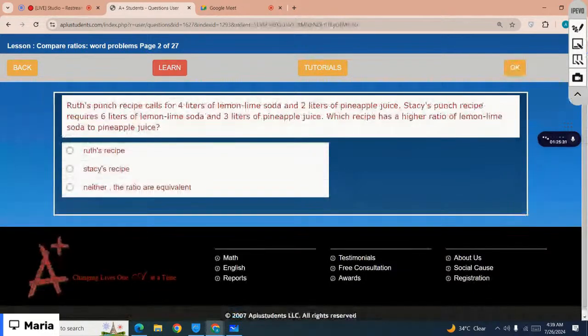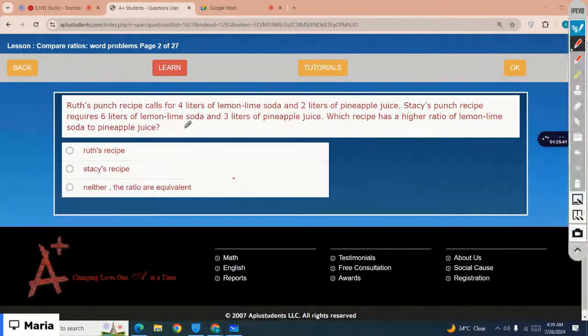Ruth's punch recipe calls for 4 liters of lemon lime soda and 2 liters of pineapple juice. Stacy's punch recipe requires 6 liters of lemon lime soda and 3 liters of pineapple juice. Which recipe has a higher ratio of lemon lime soda to pineapple juice?